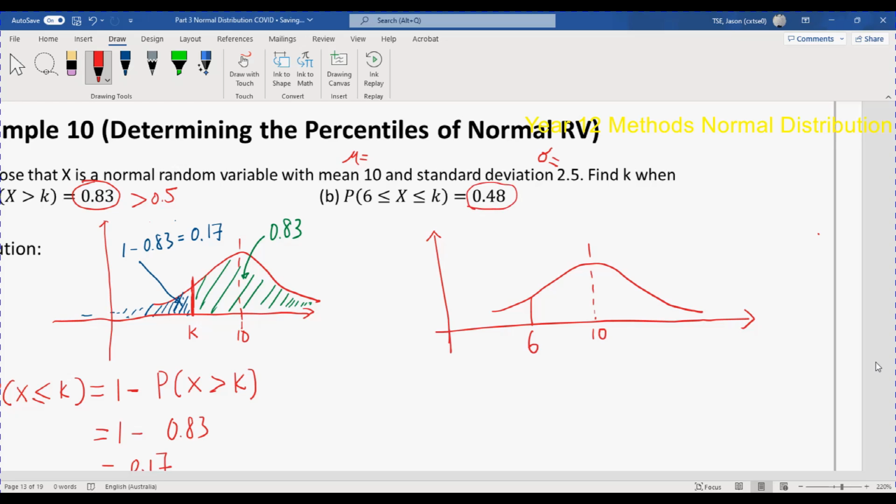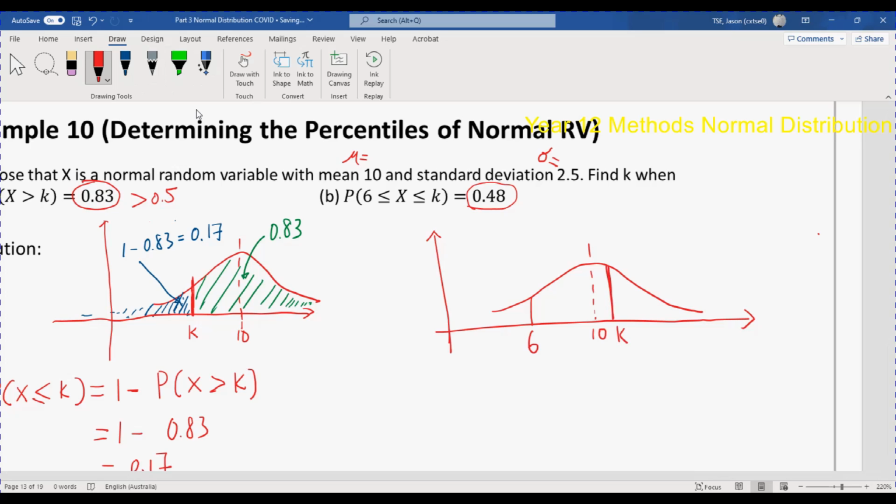If that number was significantly greater than half of the area, meaning 0.5, then you know it should be on the right hand side. If that number is much smaller than half of the area, then it should be on the left hand side, but that's a marginal case, isn't it? So let's just guess. Sometimes you have to make a guess. Let's guess it is around here.